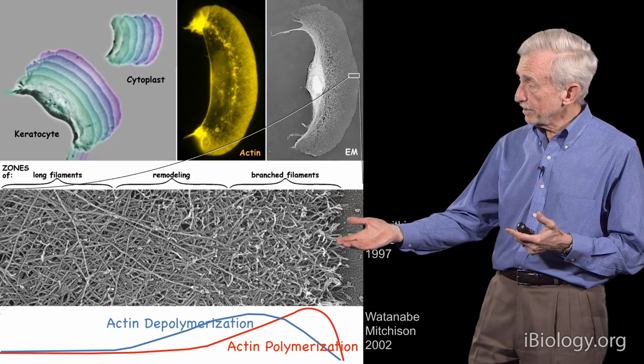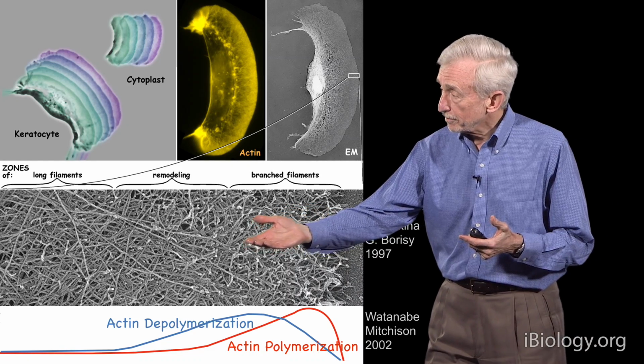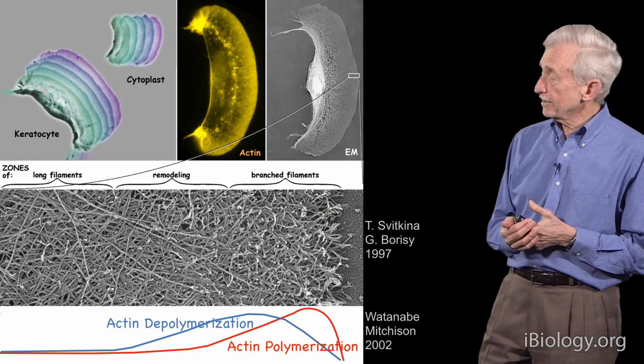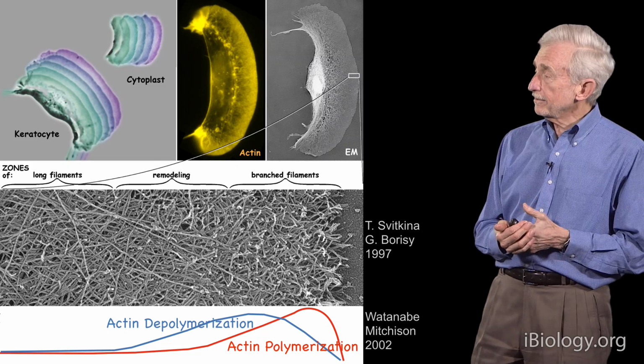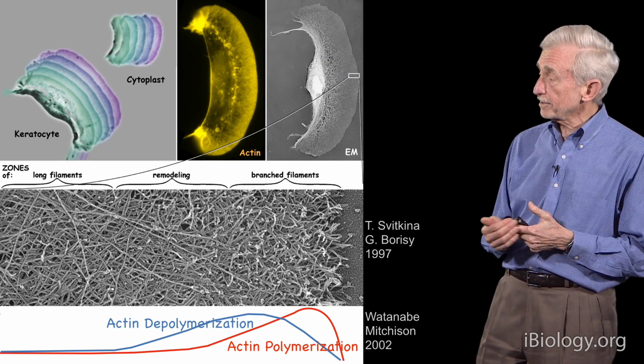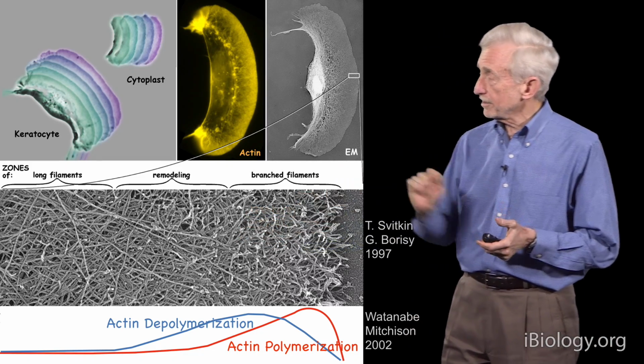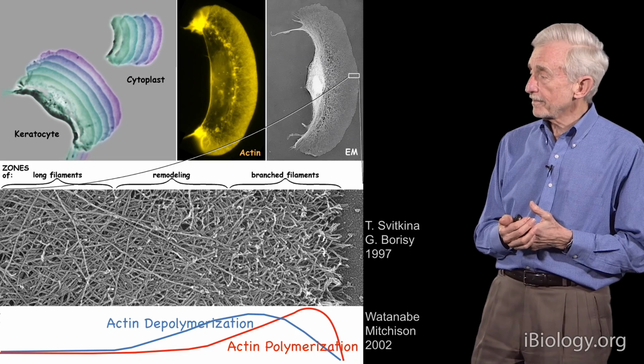This part of the cell was only a micrometer or so further to the left, a few seconds before the cell was prepared for microscopy. So all of these branched filaments have formed over the time span of just a couple of seconds.